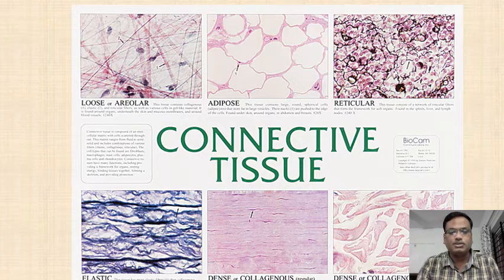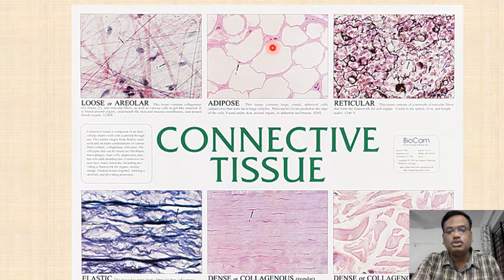So the organization of the matrix is the ground substance and the fibers, and the cells. So mainly the ground substance, cells, and fibers in all of these. This is areolar connective tissue.